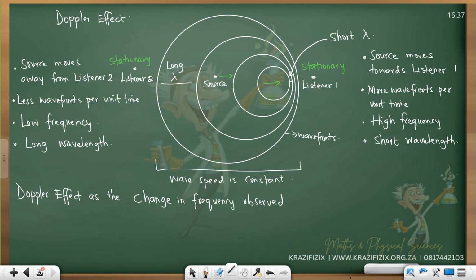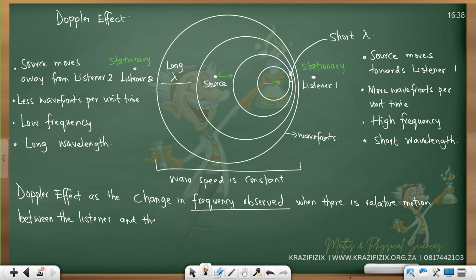It is the change in frequency observed when there is relative motion between the listener and the source.